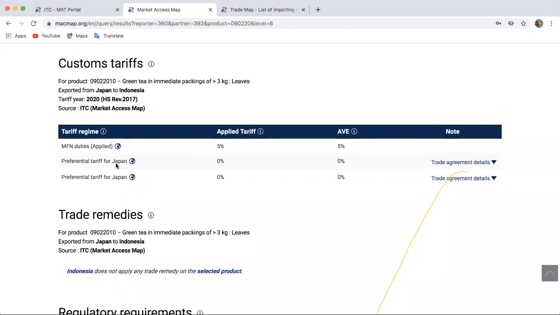Then you see that there is a preferential tariff for Japan. So the only reason why a country can give a better treatment than these MFN duties that they actually committed to at the WTO, the only reason they can do this is if they have a free trade agreement, a legally binding agreement with partner countries.